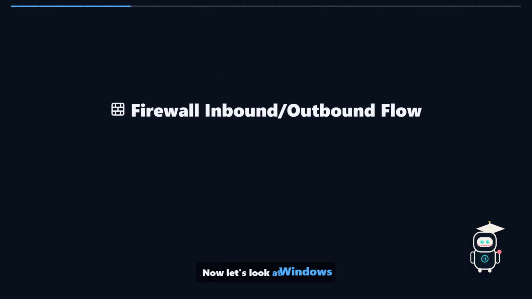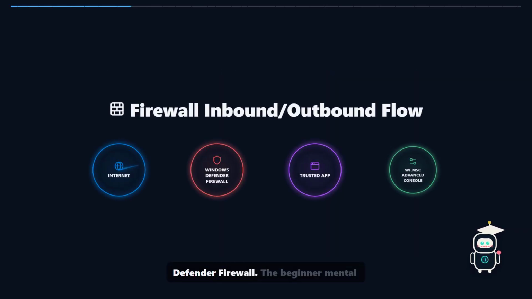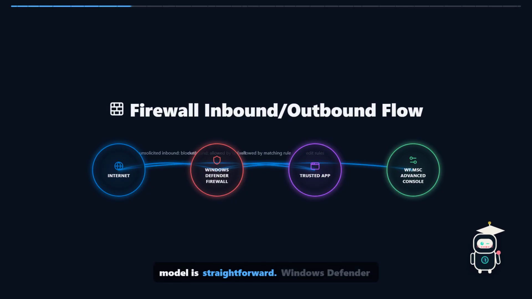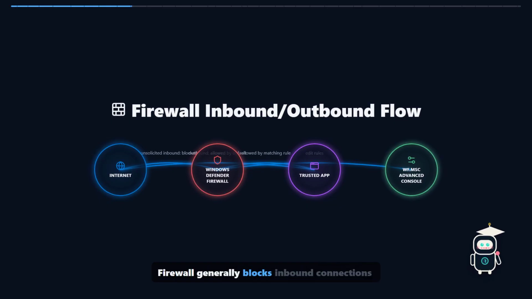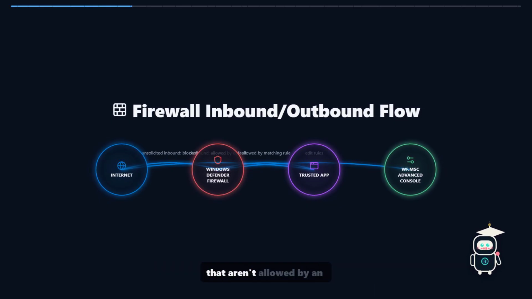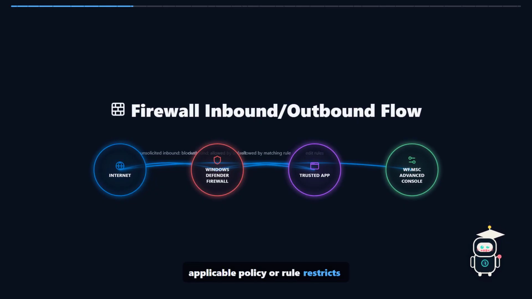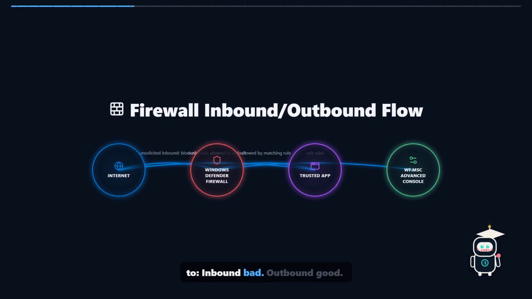Now let's look at Windows Defender Firewall. The beginner mental model is straightforward. Windows Defender Firewall generally blocks inbound connections that aren't allowed by an applicable firewall rule. Outbound traffic is generally allowed unless an applicable policy or rule restricts it. But don't reduce that to inbound bad, outbound good.